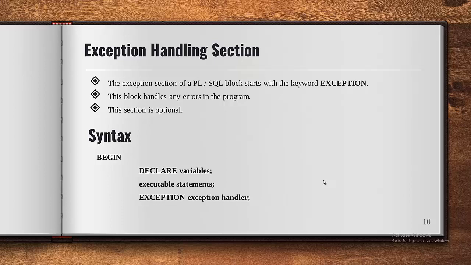We'll be working only with the declare and the executable statements. At last, once everything is done, you have to use the end keyword followed by a semicolon. The semicolon may change in our program because we'll be using a different delimiter. We'll see a small program so that we automatically come to understand why we are doing this.